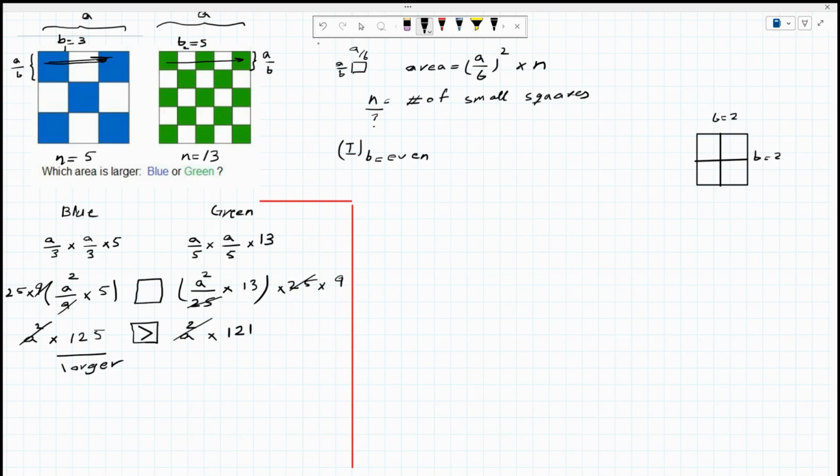So in such a situation, n, which is the number of the rectangles which are colored, for example here I'm gonna have this one colored and also this one colored, n is gonna be b multiplied by b divided by 2. So this will be 2 by 2 multiplied by 2 equals to 2.